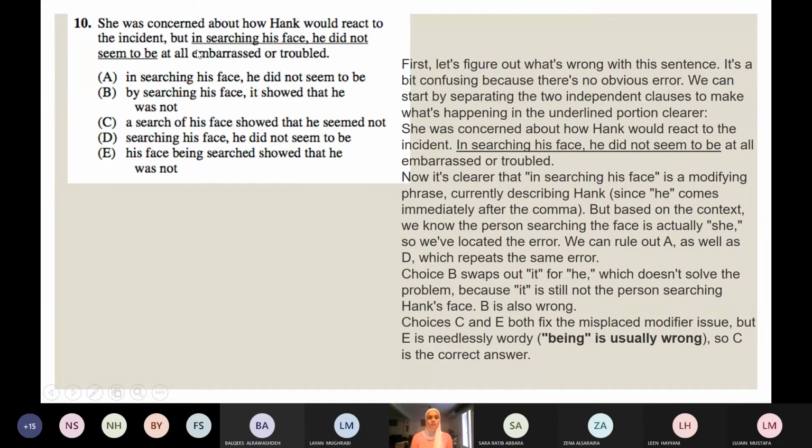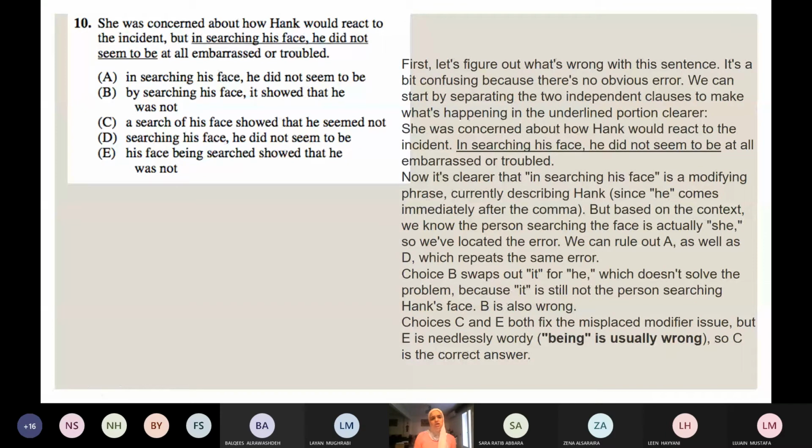But if I read it, in searching his face, he did not seem to be at all embarrassed. It means searching his face modifies he. Searching his face, because it ends in ing, as we said, is participial, modifies he. How can it modify he? He is not searching his face. She was searching his face, so I have to bring she near to searching his face.